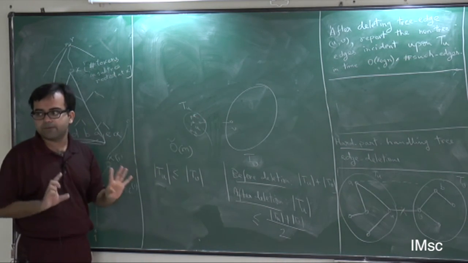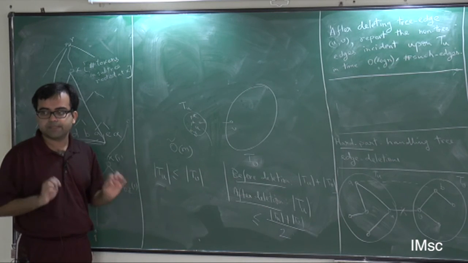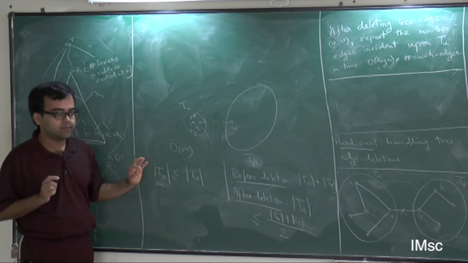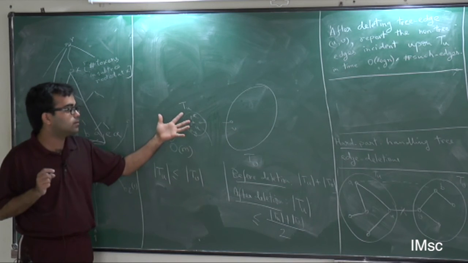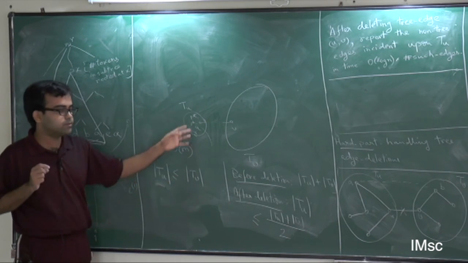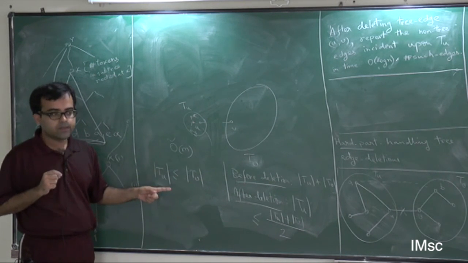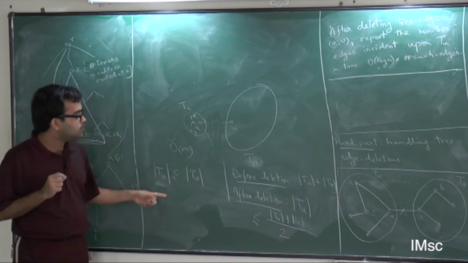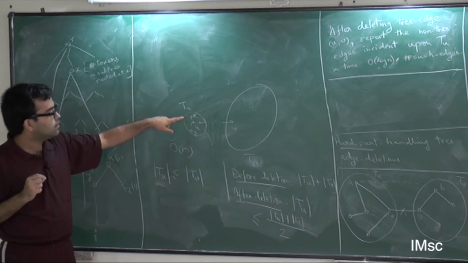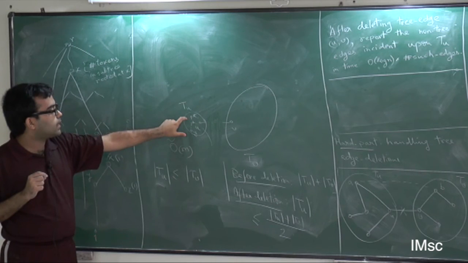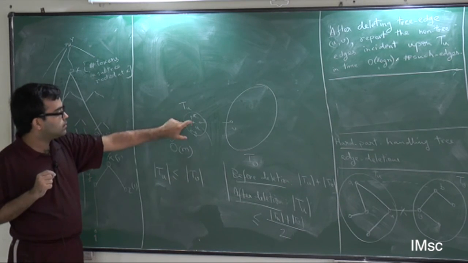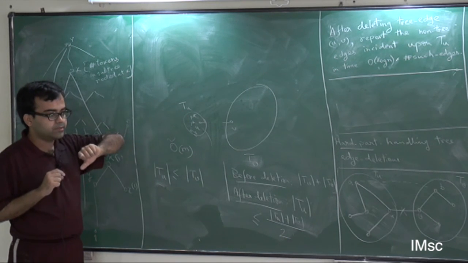This is roughly going to be the algorithm's update time. Each time it probes a bad non-tree edge, it does some redundant work. There was no need to consider this edge. But each time this is happening, you know that the size of the component that this edge belonged to is getting halved.